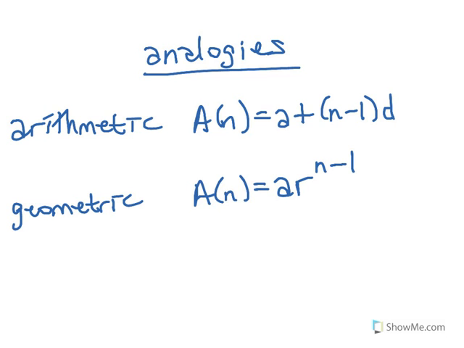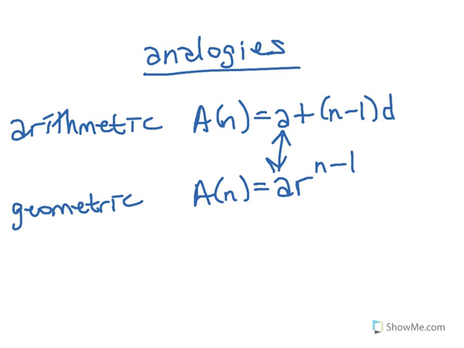Before I go on to polytopic sequences, I just want to point out some analogies between these two kinds of sequences. First of all, their formulas have similar structures. The first terms are in the same positions and are related to terms involving common difference or common ratio according to operations that fit the type of sequence. The common difference, of course, has a similar role in the arithmetic sequence as the common ratio in the geometric sequence.